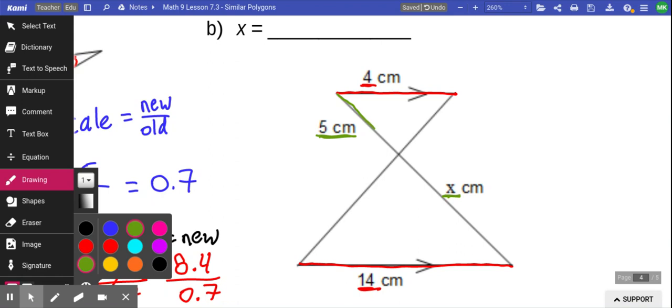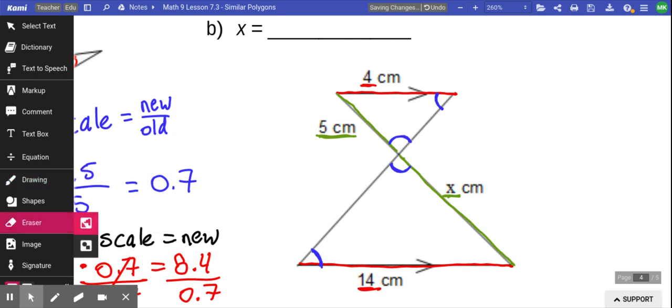These sides actually match up. The way that I know is by looking at their angles. This angle in here matches this angle in here. And this angle here matches across from it like that. That allows me to see that this angle opens up to X, this angle opens up to 5.